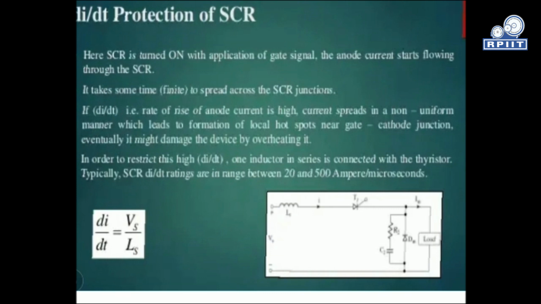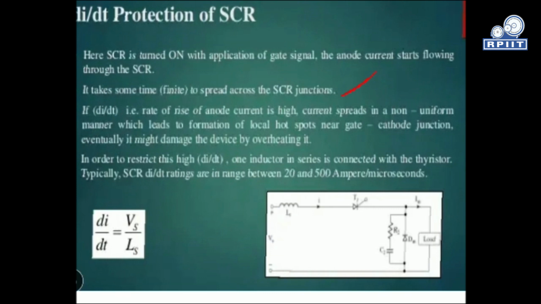When the thyristor is turned on with the application of the gate signal, anode current starts flowing through the SCR. It takes some finite time to spread across the SCR junction.